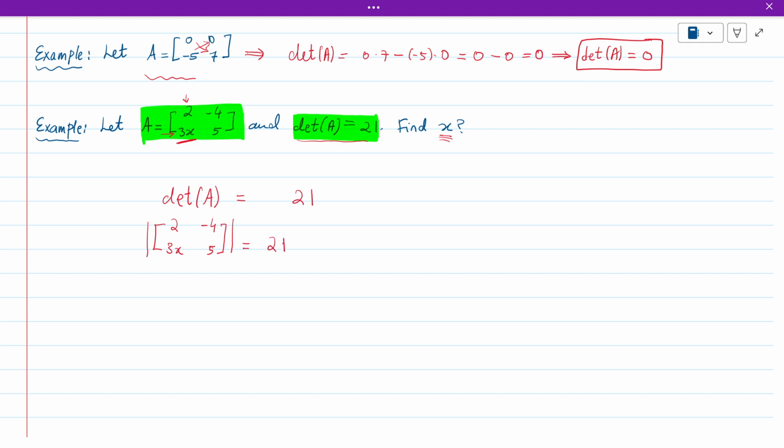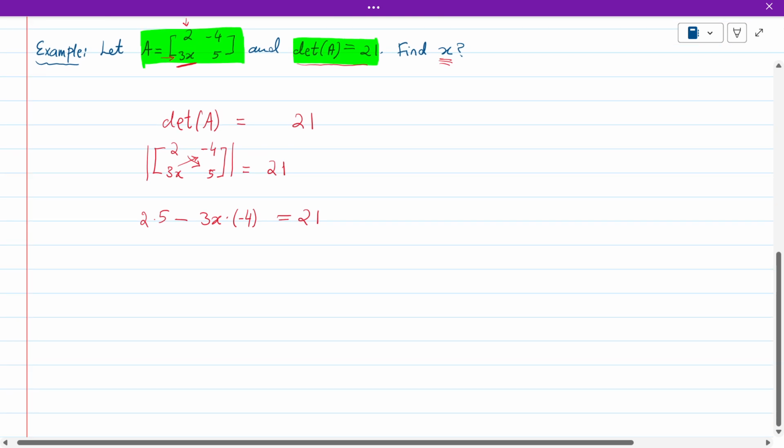Now on the left hand side, the way you find its determinant, you are familiar: 2 times 5 minus 3x times (-4). I put it in a bracket so as not to confuse. And on the right, you have 21.